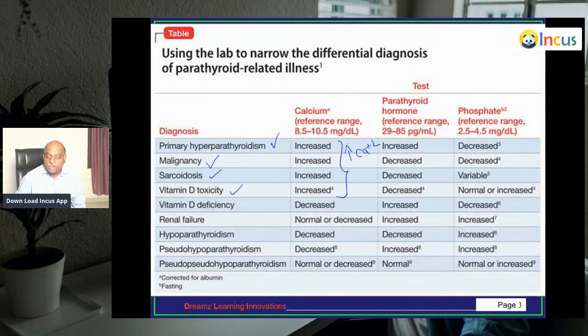Whereas vitamin D deficiency, renal failure, hypoparathyroidism, pseudohypoparathyroidism, all of them are hypocalcemic conditions. Low calcium will prevail in all of them.